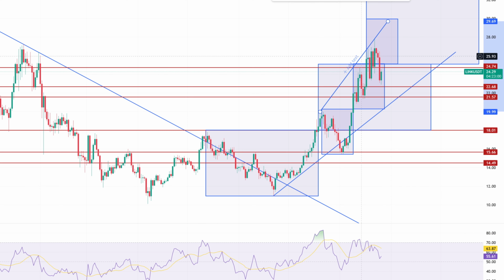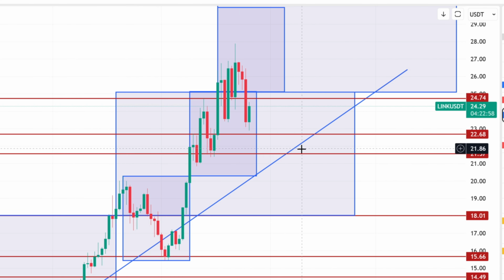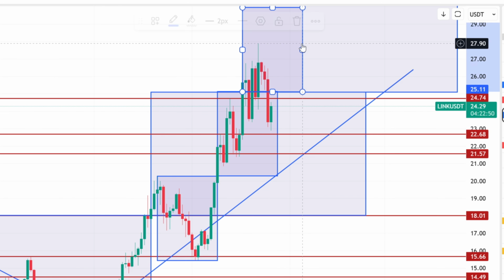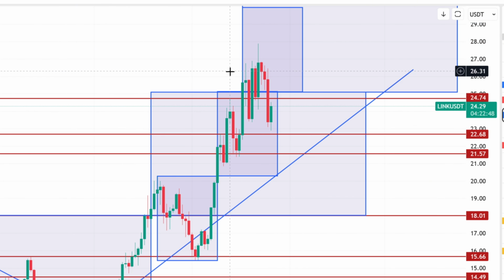Therefore, I have to say that currently I do not trust the bounce that we currently have. So for me personally, I have a tendency that this price target right here will likely be invalidated. As I said, that's not bad or something.